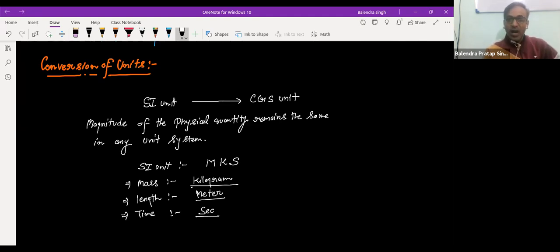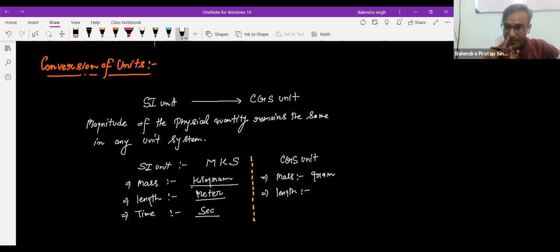And the CGS unit system: in CGS we define mass as gram, and length, anyone?